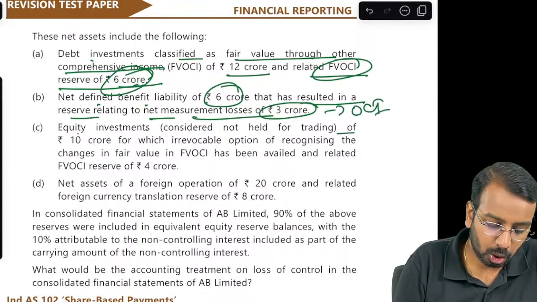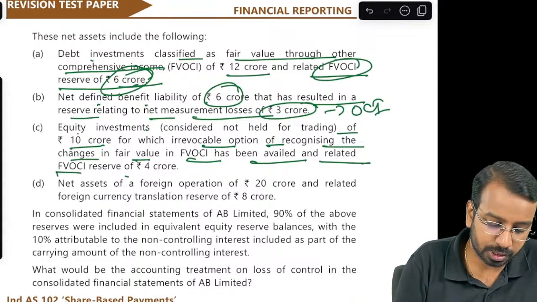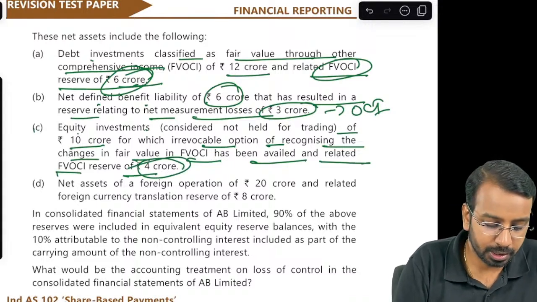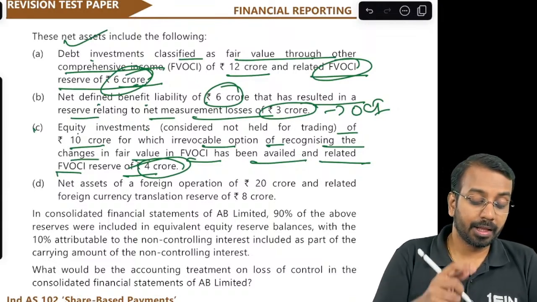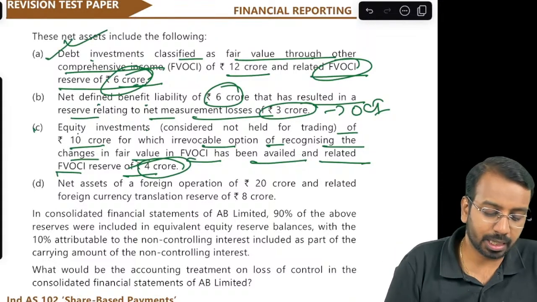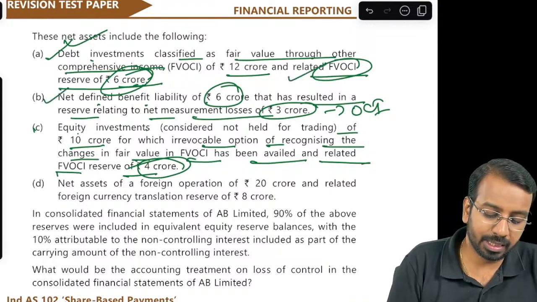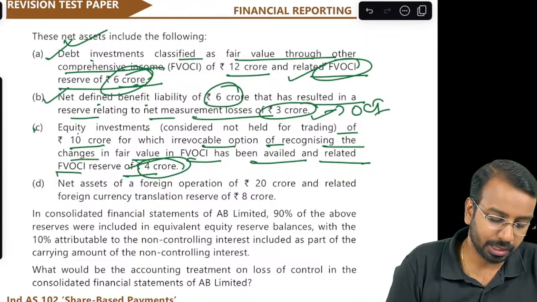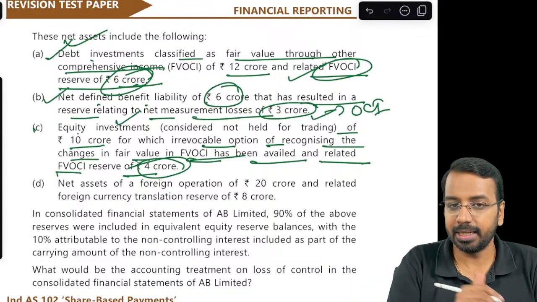Equity investment of 10 crores for which irrevocable option of recognizing the changes in fair value in FVOCI has been availed and related FVOCI reserve is 4 crores. So what are these net assets? These are the net assets of the subsidiary. Now please understand, for the subsidiary you will recognize debt separately, you will also recognize this related FVOCI. Liability separately, related OCI. And similarly equity investment separately, OCI separately.